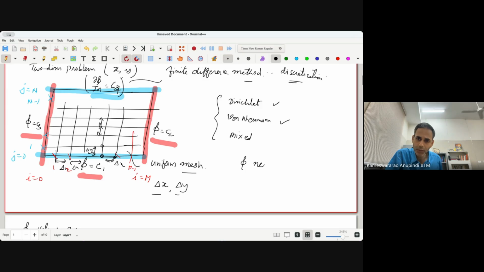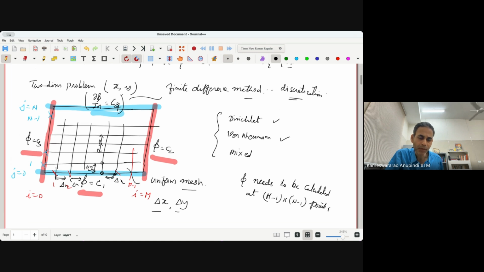So phi needs to be calculated at m minus 1 times n minus 1 points. Let us say, for the sake of this discussion, that phi is also prescribed on the top boundary. We will not worry about how to include this Neumann condition here.